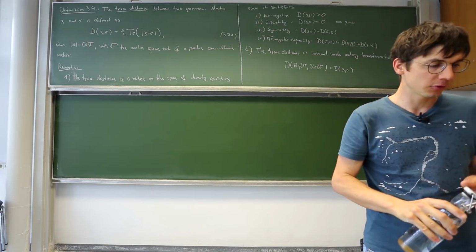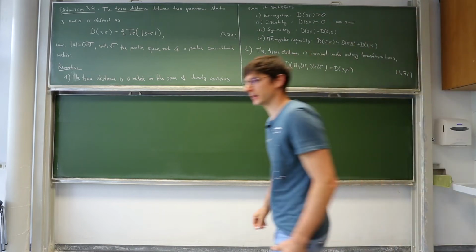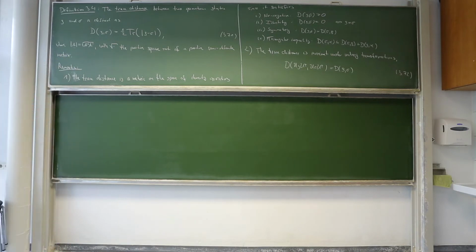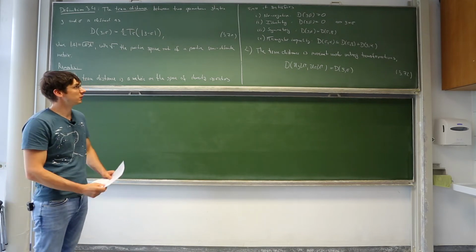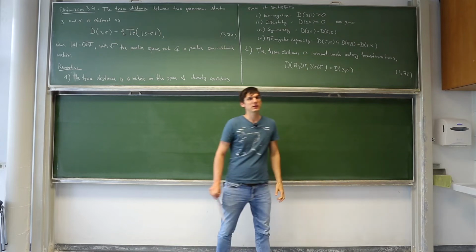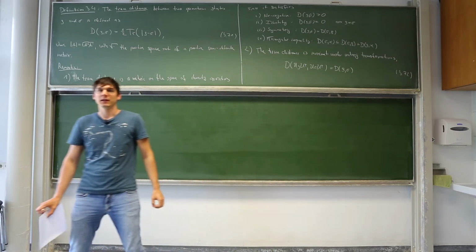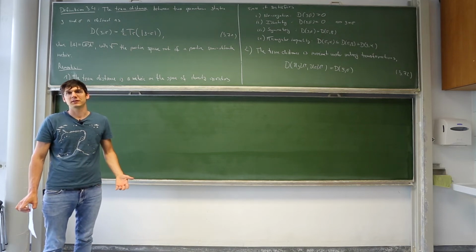If rho and sigma commute, they have a common set of eigenfunctions. And in this case, we can transform via unitary transformations, which do not change the trace distance, into this eigenstate, right? And what we end up with is then the classical trace distance of their corresponding eigenvalues.